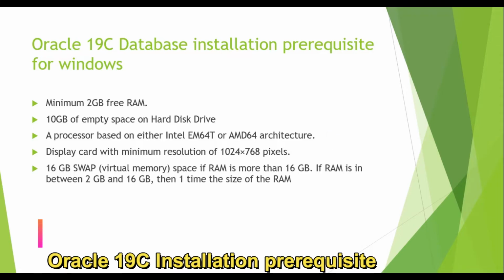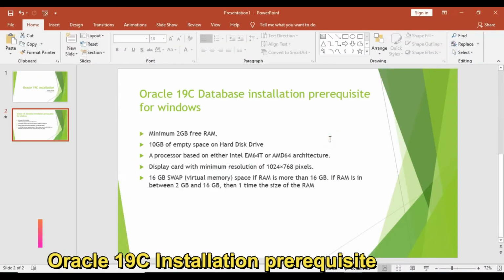Then swap memory: 16 GB if RAM is more than 16 GB; if RAM is between 2 GB and 16 GB, then 1 times the size of RAM. So we need virtual memory, in other terms swap memory. These are the prerequisites for installing Oracle 19c on top of Windows.